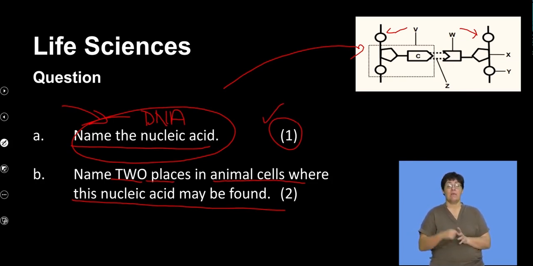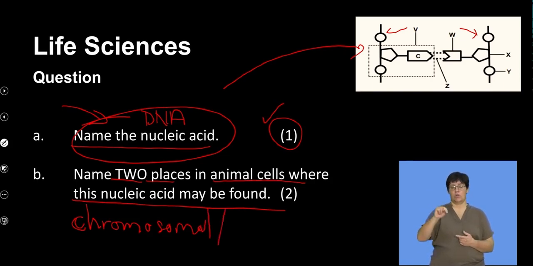Name 2 places in animal cells where this nucleic acid may be found. It's important that we recognize that firstly, we have DNA in the nucleus, so we refer to that as nuclear DNA or chromosomal DNA.